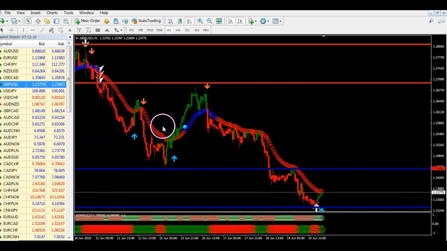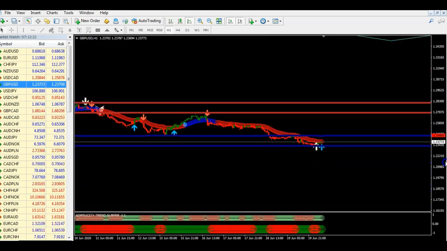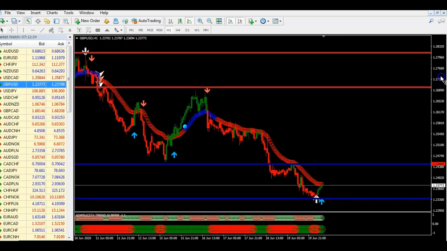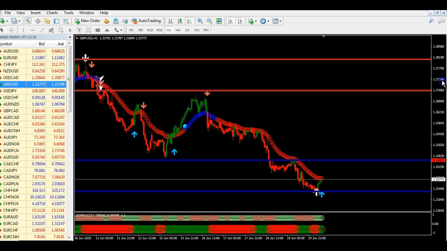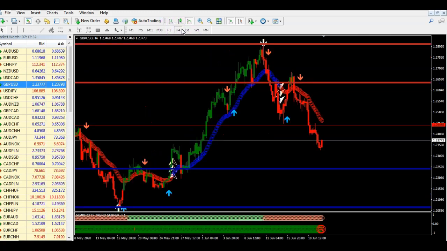So what are we going to do in the 1 hour? It's looking like it's going to do a pullback. So how far can we go with that pullback? Let me see, 1 second, please. Okay, that pullback can go right in between right there.